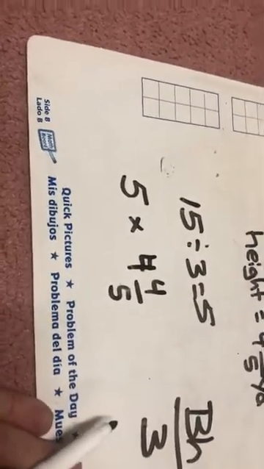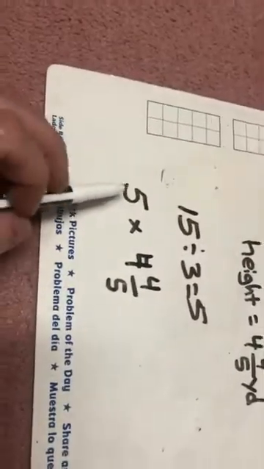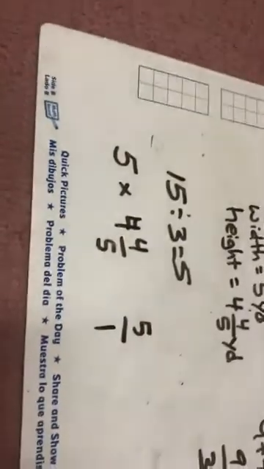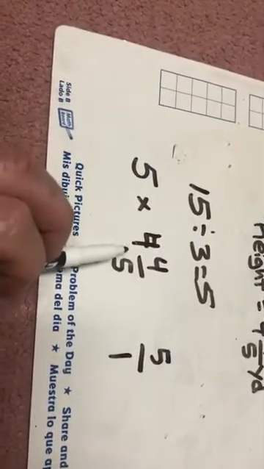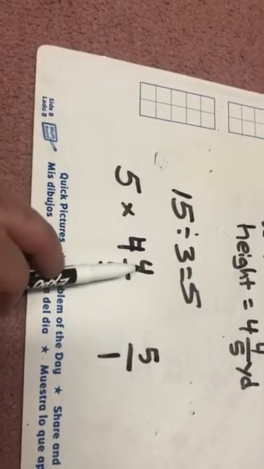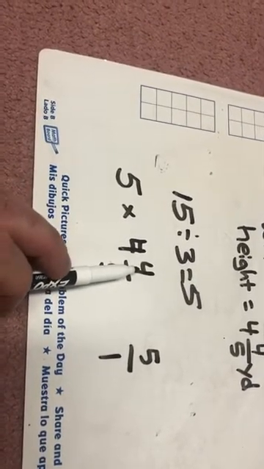Okay? So what I'm left with now is my 5 yards being multiplied by the height, which is 4 4/5. So now I have to remember about my rules of multiplying things with fractions. So let's clear a little space. 5 times 4 4/5. If I want to turn 5 into a fraction, it becomes 5 over 1. 4 4/5, to turn a mixed number into a fraction, 5 times 4 is 20, plus 4 is 24.